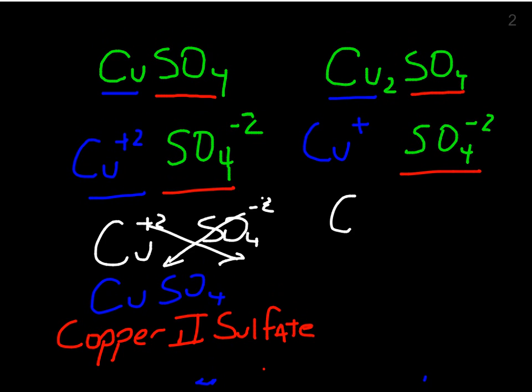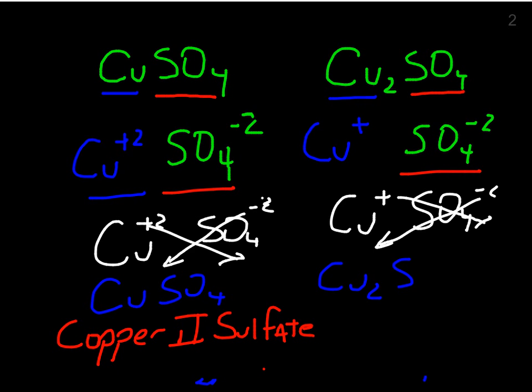When I put them together, Cu is a plus, SO4 is a -2, that plus drops down there, this 2 comes back over there, and I end up with the compound Cu2SO4. The name of this compound will be copper(I) sulfate. Okay? Running out of room there.